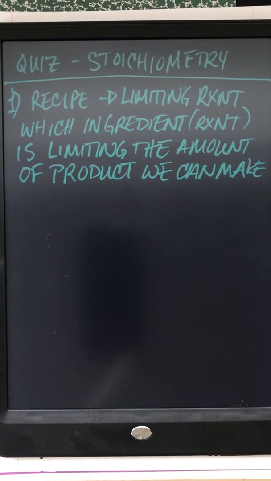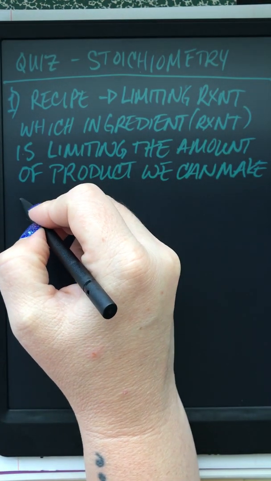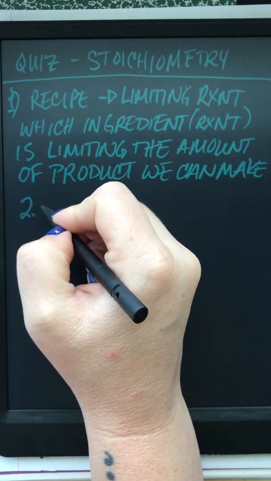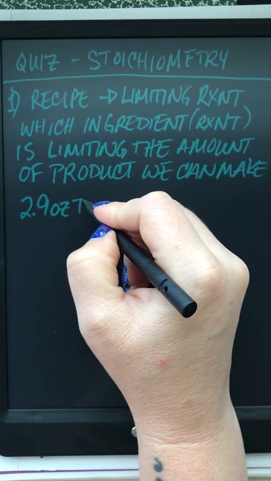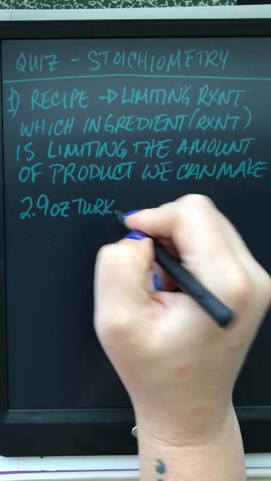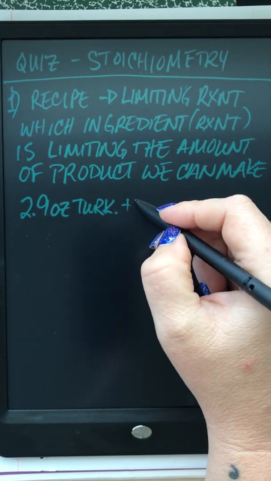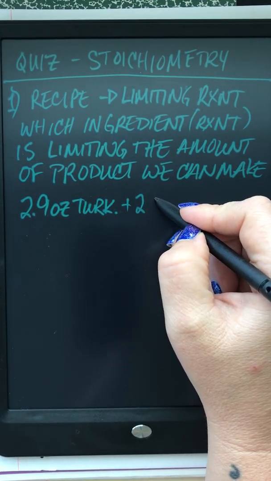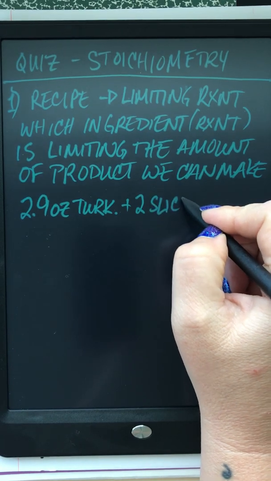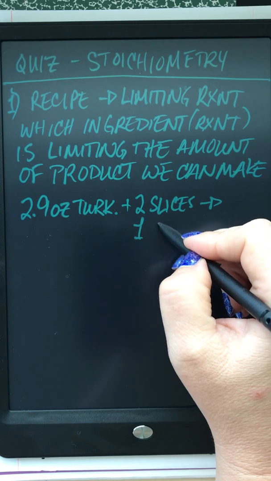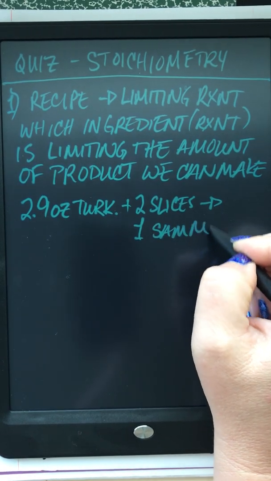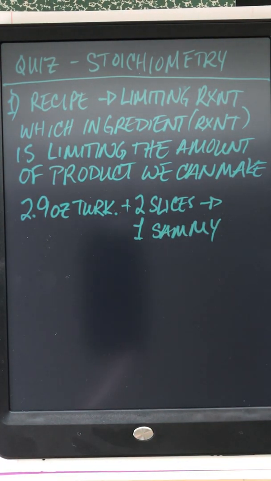So, the one that I'm looking at has a recipe for a turkey sandwich, and it has 2.9 ounces of turkey plus 2 slices of bread goes to 1 sammy, right?